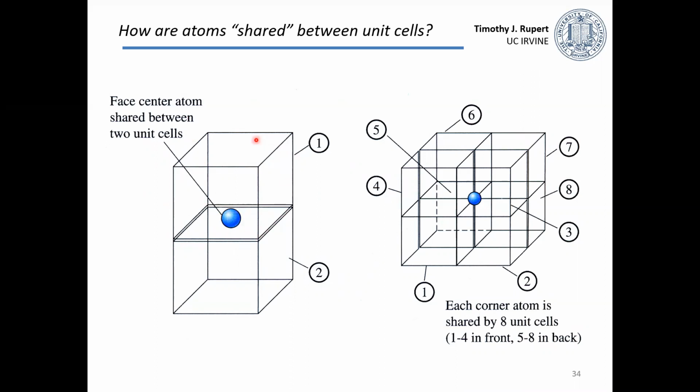So for example, if we have an atom that's centered on a face of a unit cell, you can think of it as half of that atom belonging to this cube and half belonging to the cube below it. When we have an atom at the corner, you can think of it as 1/8 belonging to this front top right unit cell, 1/8 belonging to this front top left unit cell, and so on. So 1/8 of that atom is in each of these cubes.